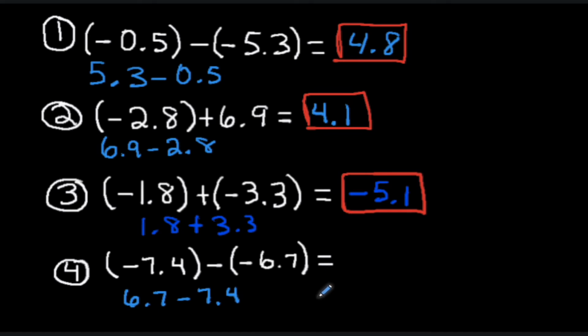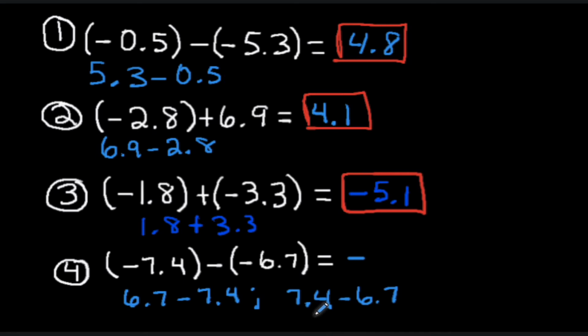To do this by hand, you can even say 7.4 minus 6.7. Get that answer, right? But you already know in your mind that it's going to be negative because the value 7.4 is larger than 6.7 because of the negative sign on it, right? So that tells us that the answer will be negative. All right, and then you can just subtract as you normally would, knowing that information.